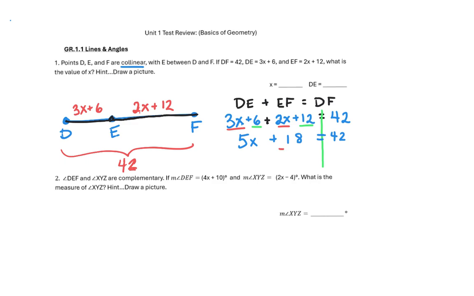We'll start with subtracting 18 on both sides. And I've got 5x equals 42 minus 18. What is 42 minus 18? That's going to be 24.